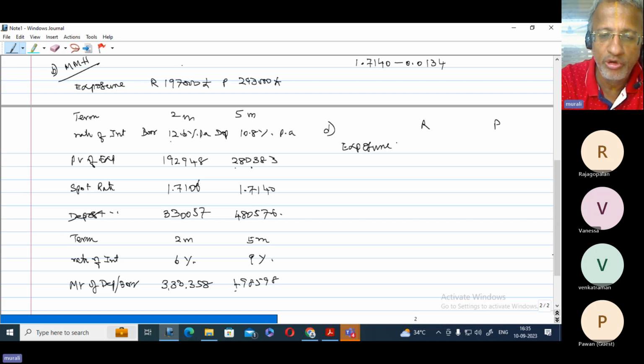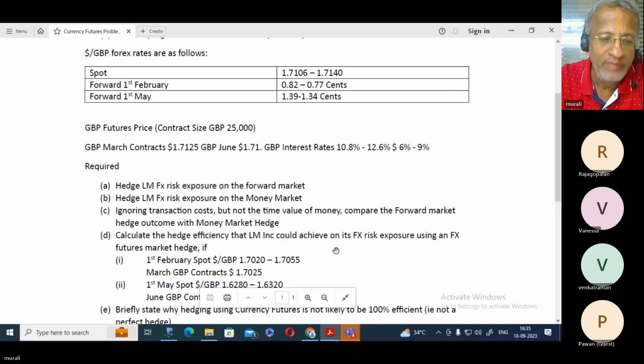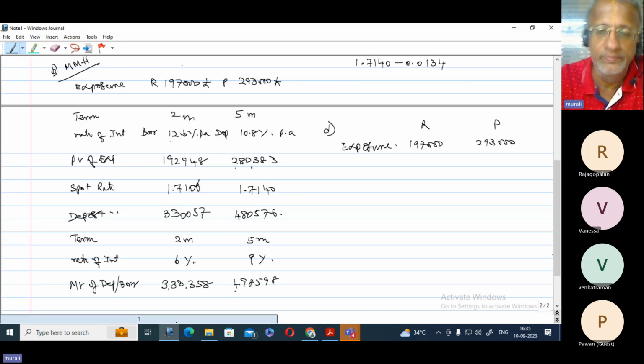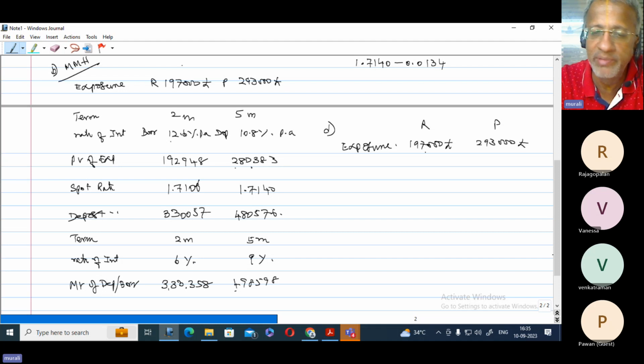The exposure is going to be 197,000 and 293,000. And we have GBP 25,000. This is also in GBP. This is also in GBP. And one contract is going to be 25,000.